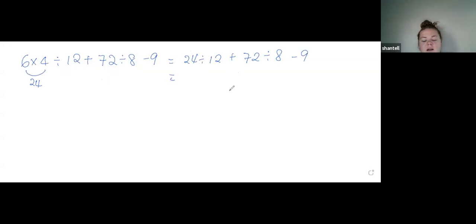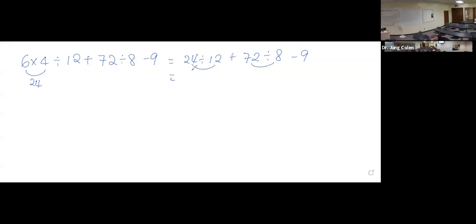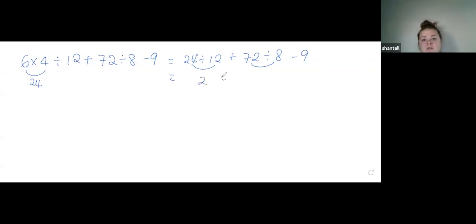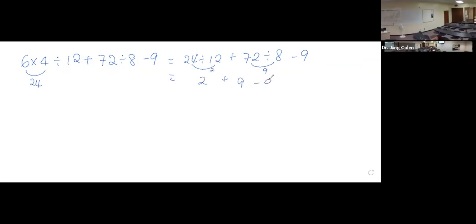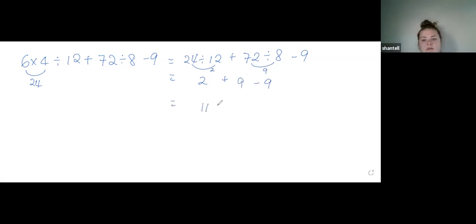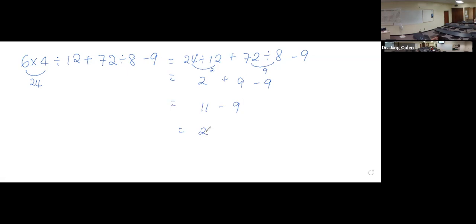And then I went 24 divided by 12, which is 2, and 72 divided by 8, which is 9. Minus 9, right? So we can do 2 plus 9, which is 11, minus 9 is 2, right? So you can do it.